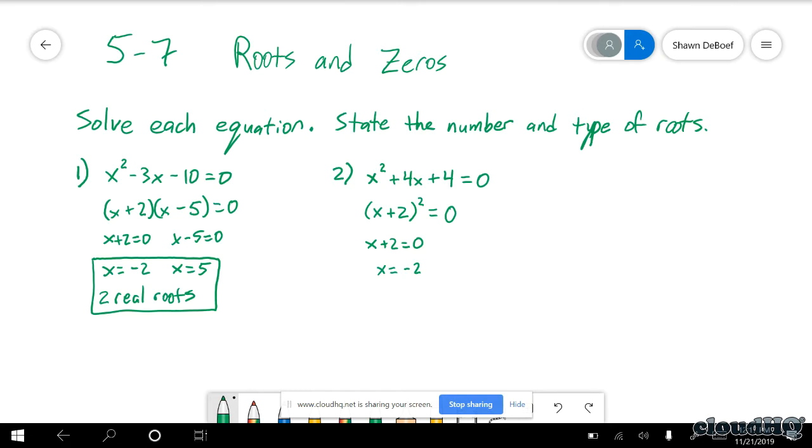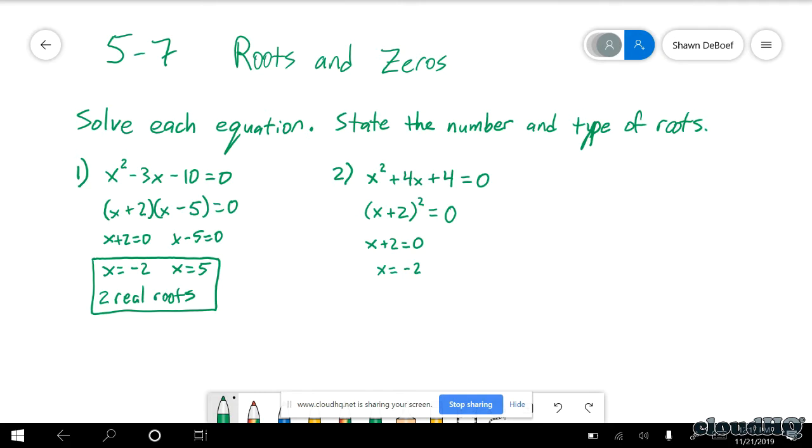Now, if we think of a graph and you think about the zeros, the x-intercepts, what did the graph look like when you had 1 zero? When it's a parabola with 1 zero, what's true about that graph? Understanding that connection would be helpful.